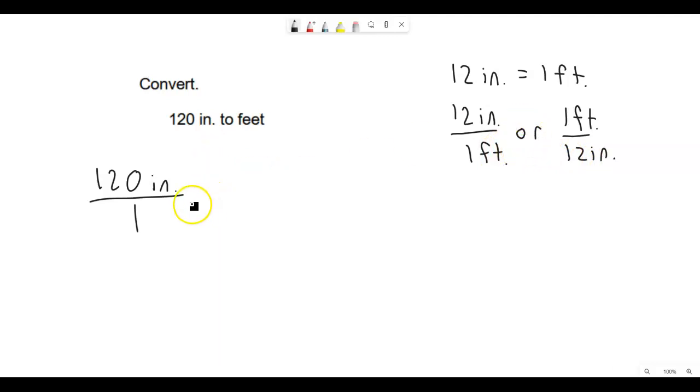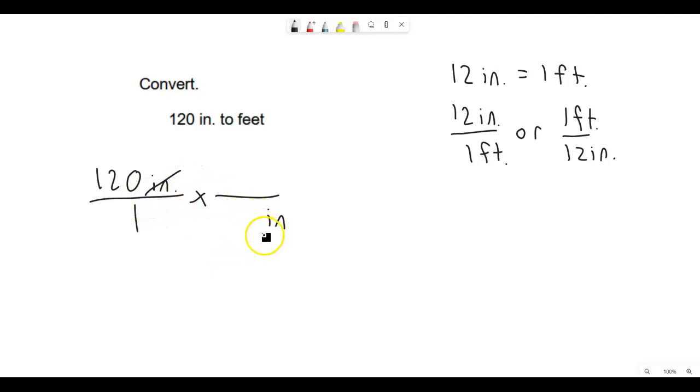So let's go back to our known quantity here, and I'm going to set up a unit fraction. The way that I choose which one of these I'm going to use is the fact that I want to get rid of inches. So if I have inches on the top here, I want my inches to be on the bottom, so they cancel out.